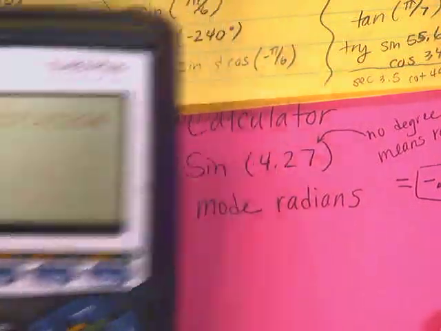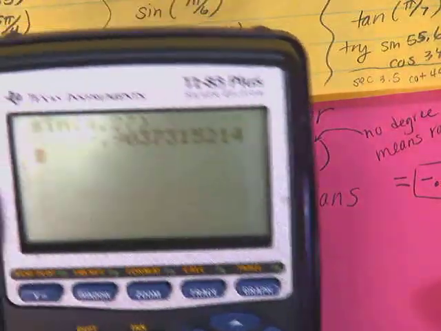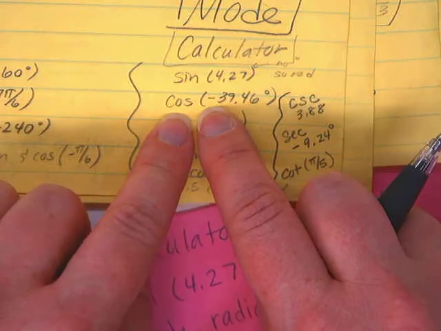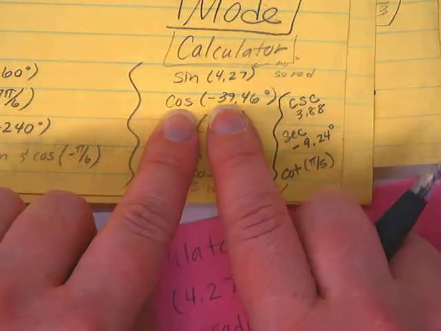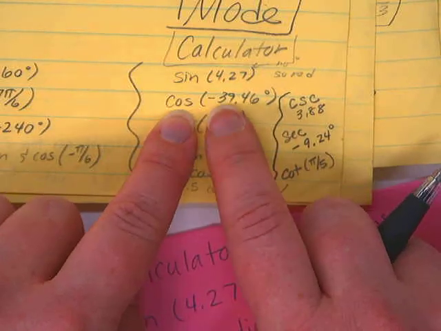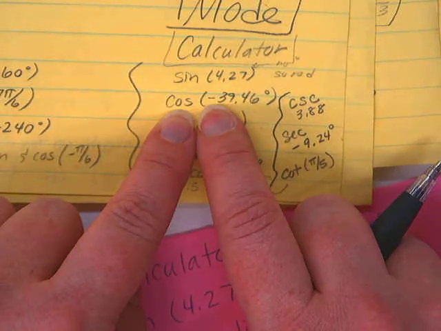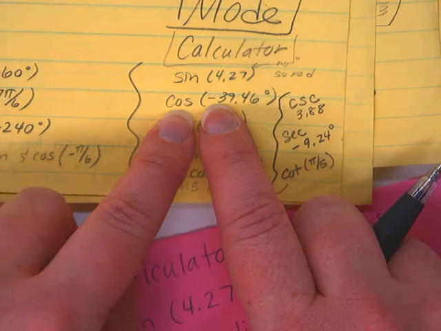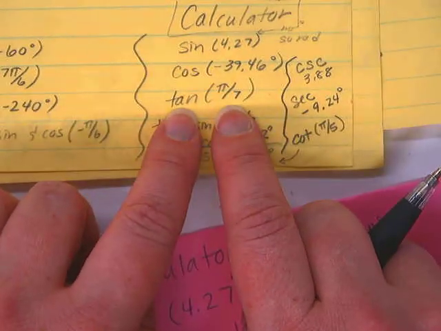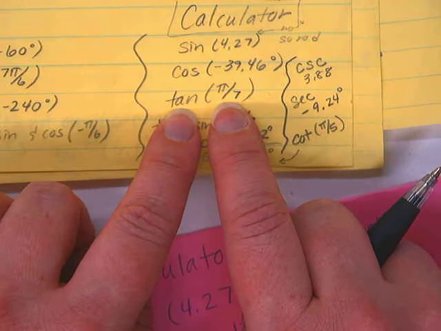Okay. Now here's where it gets tricky. You can see the examples I have written here. You should be able to handle this one just fine. But tell me, what mode will your calculator have to be in for this? Degrees. Will you just type in the negative when you do it? Yeah, and it'll just give you the right answer. How do we do something like this?